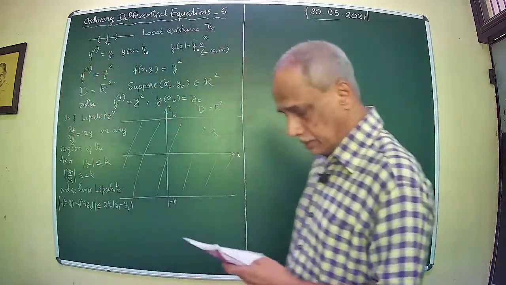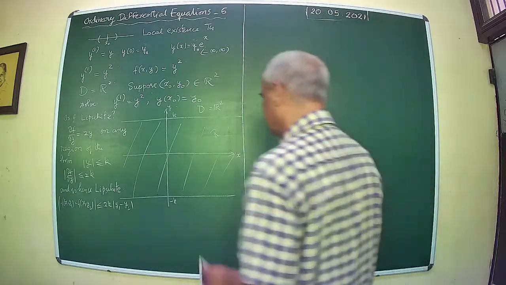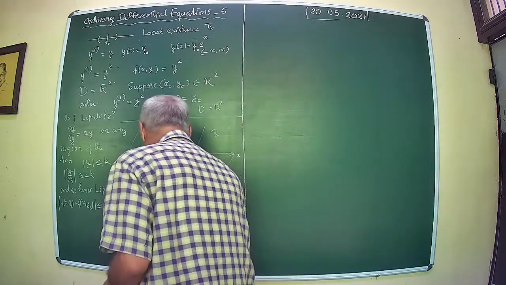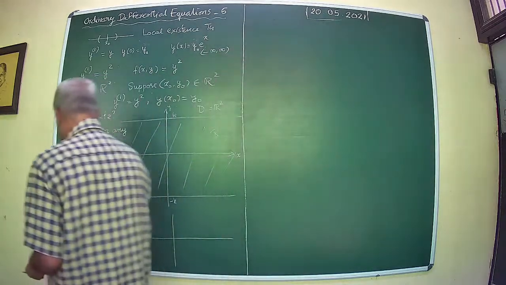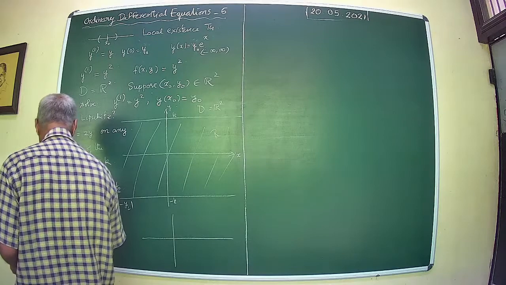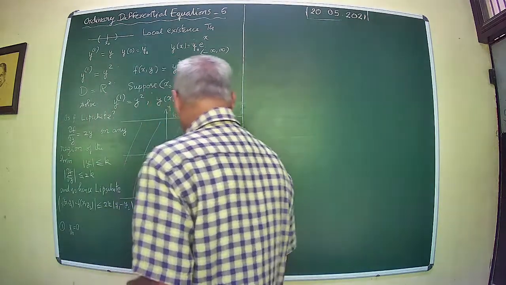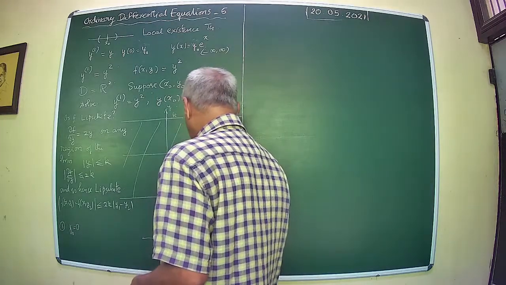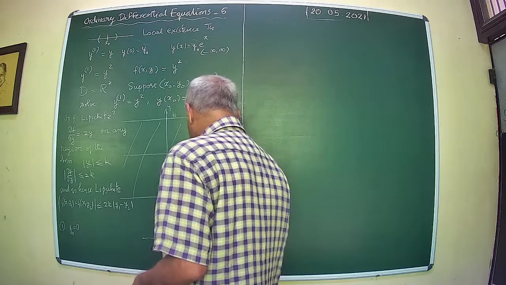So we want to solve this equation. So let us analyze it further. Now suppose, let us take the trivial scenario, that you are at the point where y0 is zero, that is the initial condition.